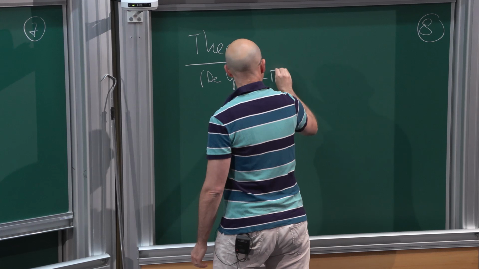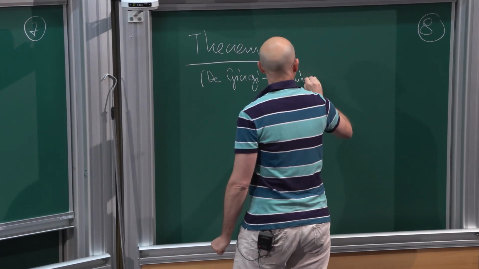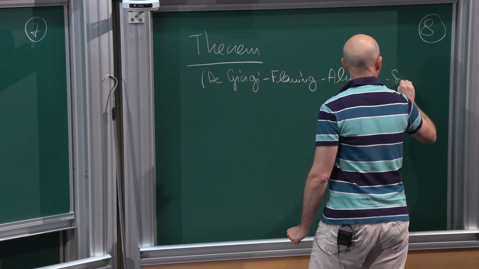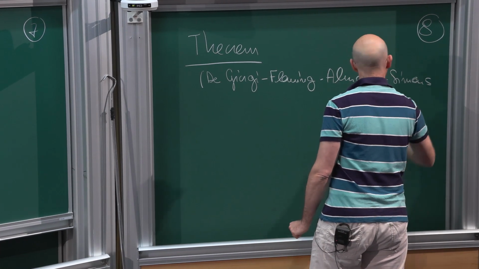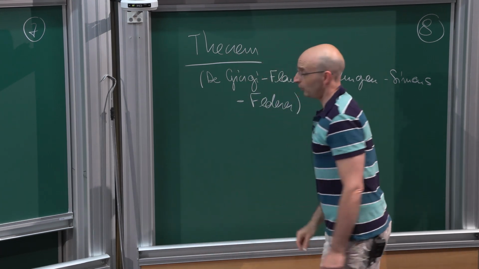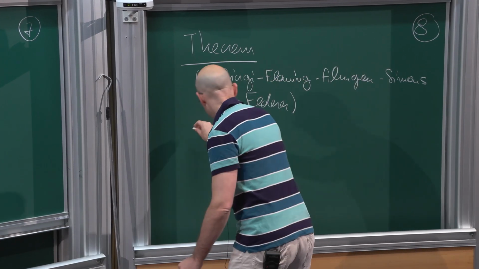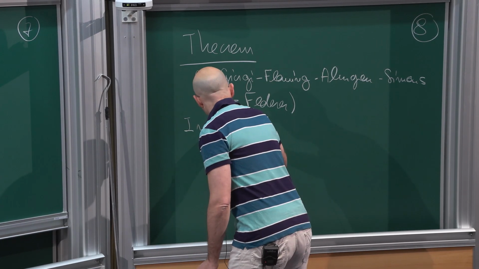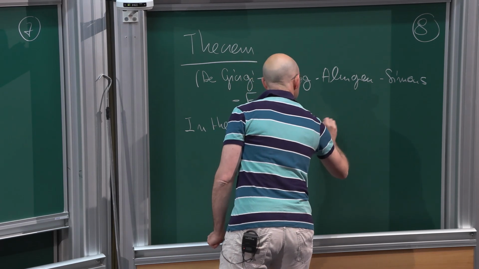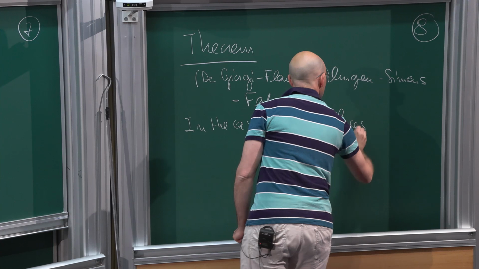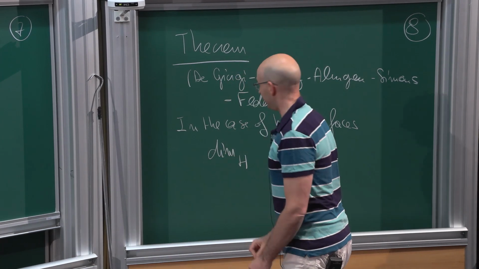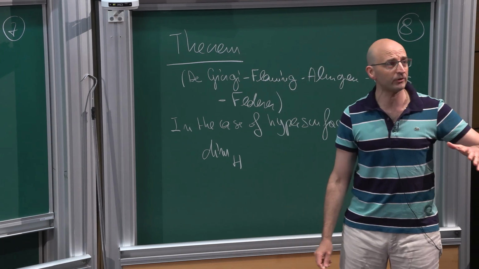De Giorgi, certainly Fleming contributed to it, Almgren, Simons, and Federer. So in the case of hypersurfaces, the Hausdorff dimension of the singular set, and I define the singular set as the complement of points where I am regular.